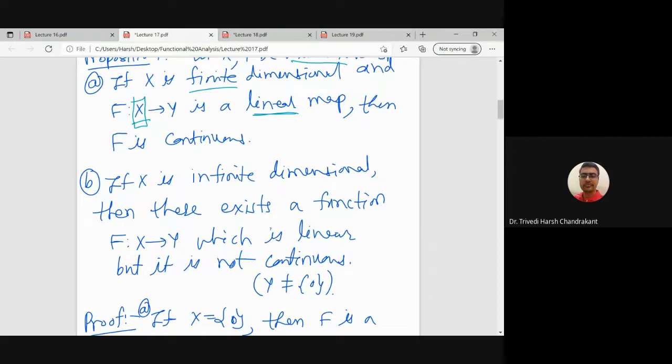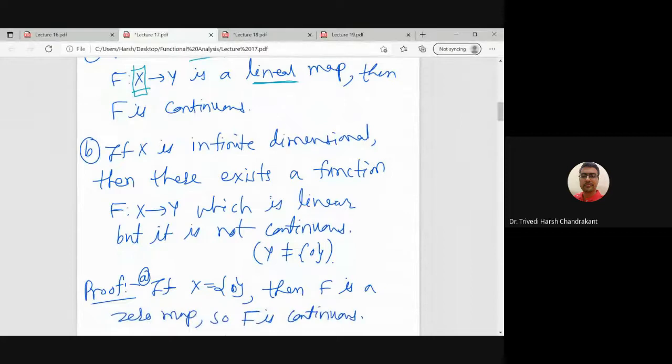But in general, the domain is finite dimensional. From this, we can apply this result, and there we get that the function is linear implies continuity. So linearity is very important to conclude continuity in the finite dimensional case, when the domain is finite dimensional.